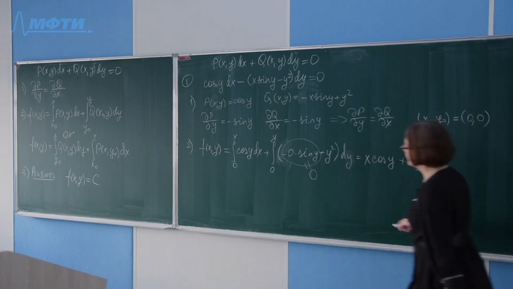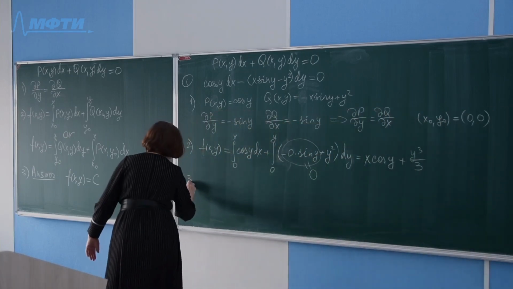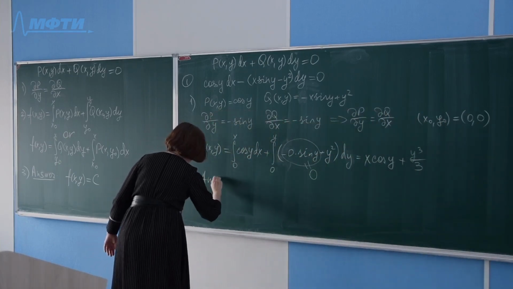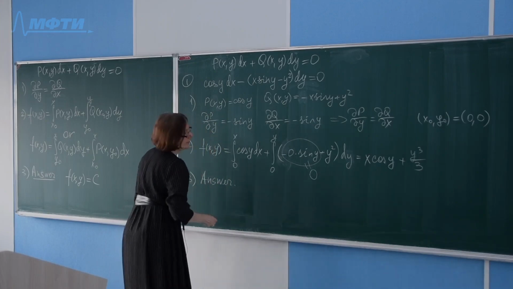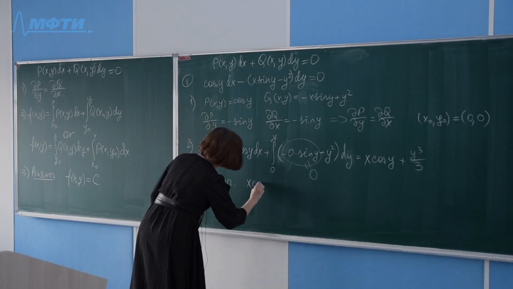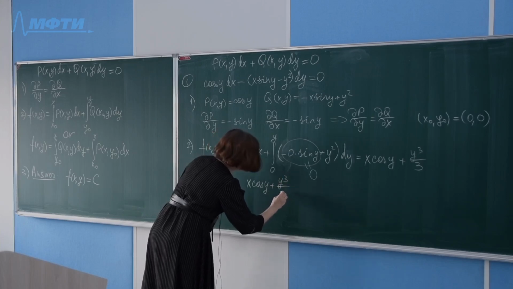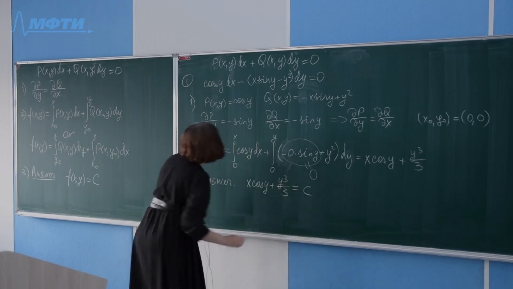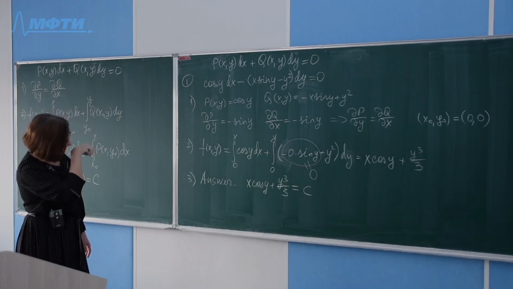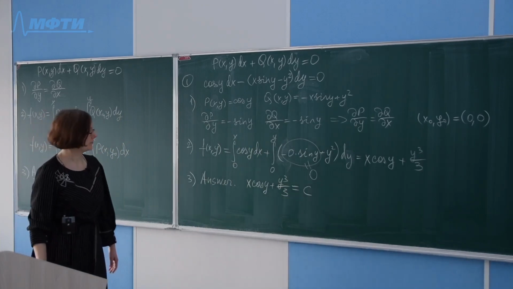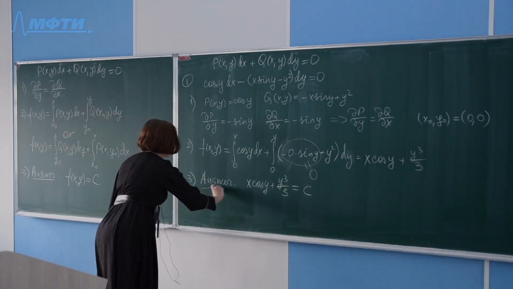And step number 3, the answer is x cos y plus y cubed over 3 equals C, the constant. So this is our answer.